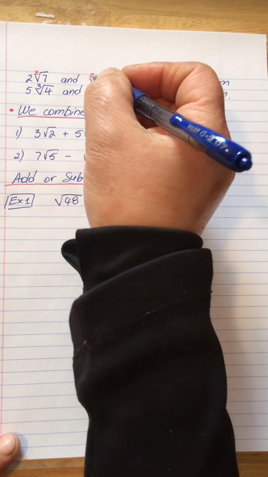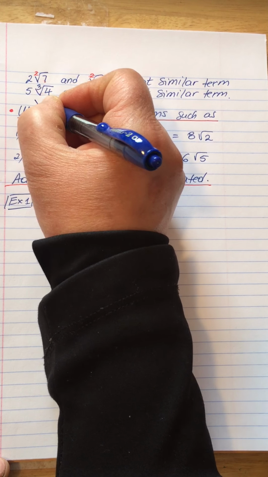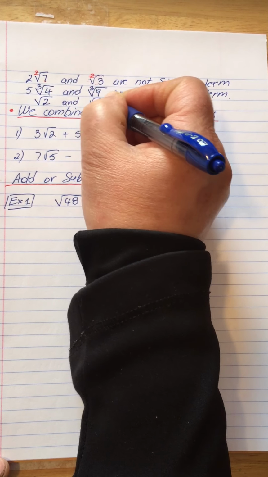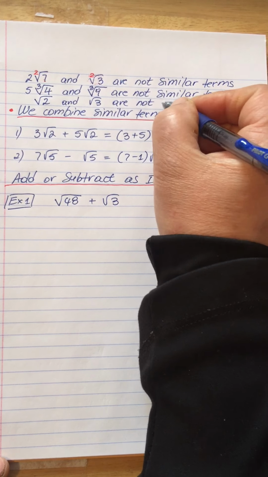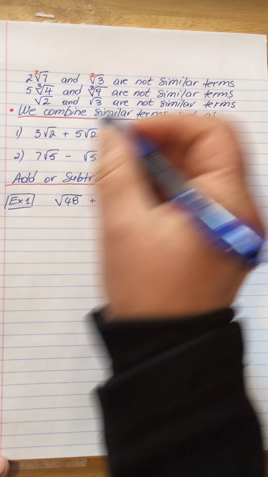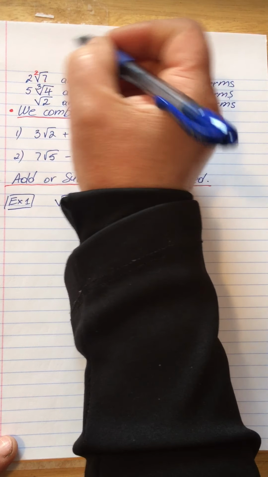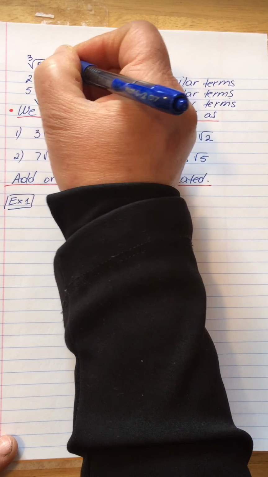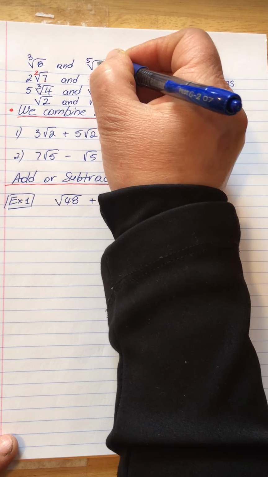Also, for example, the square root of 2 and the square root of 3. They are not similar terms. And also, the cubic root of 8 and the fifth root of 8.